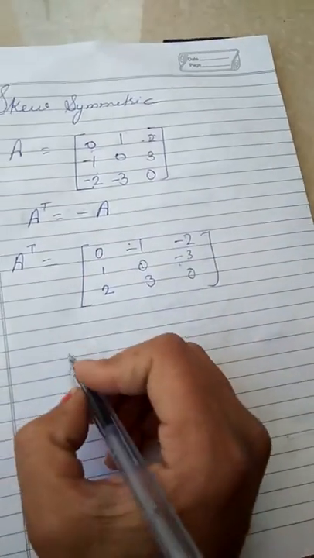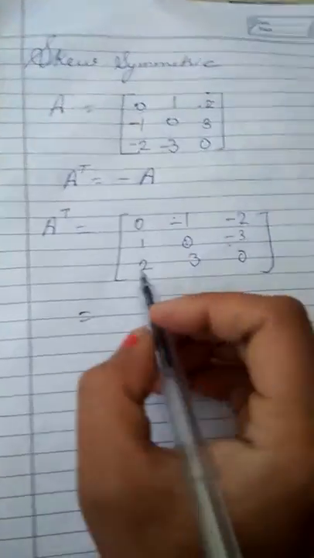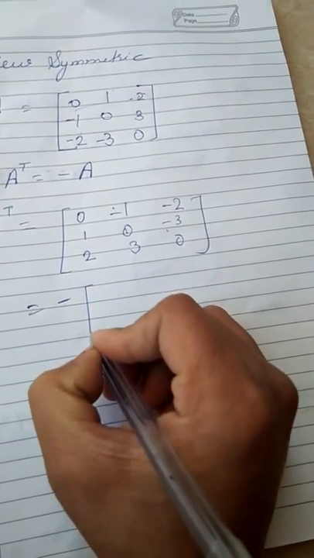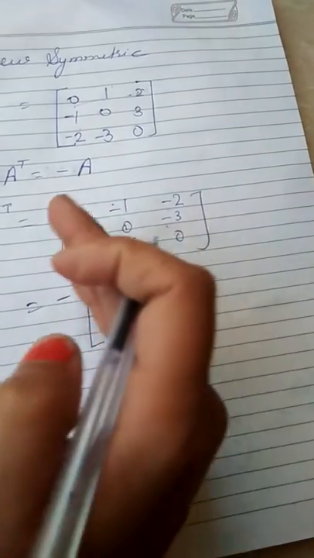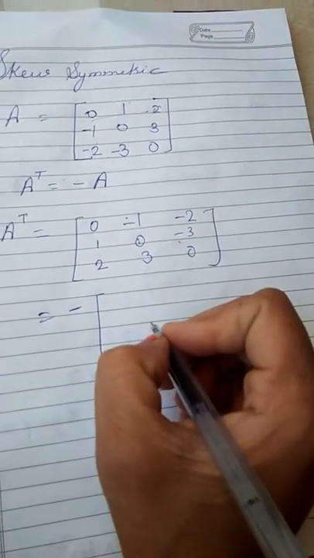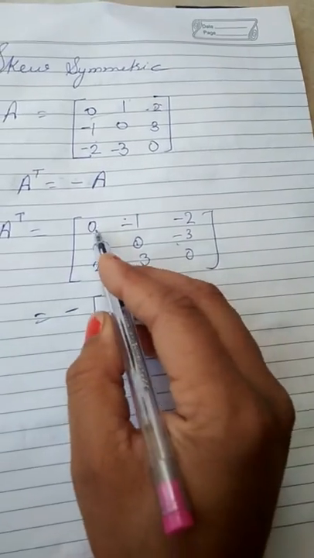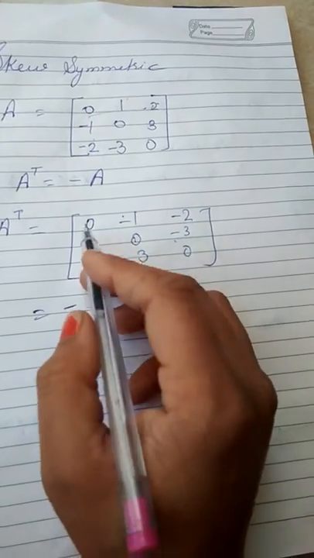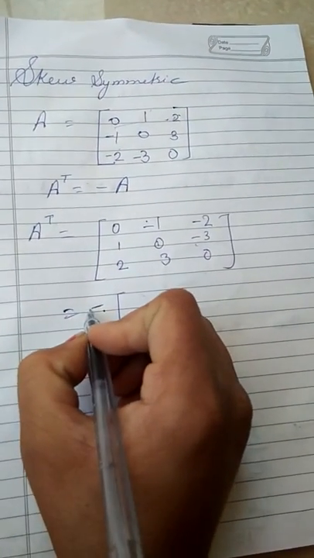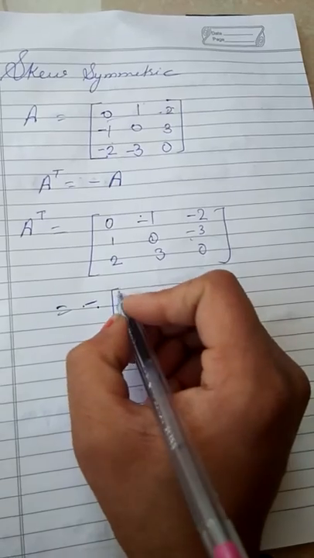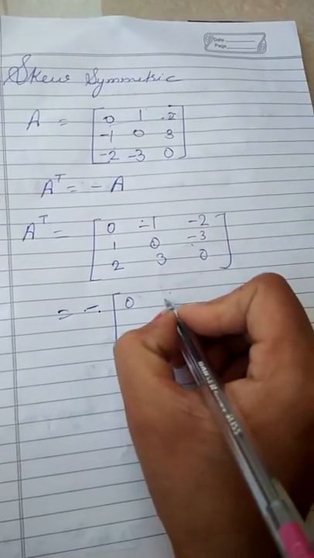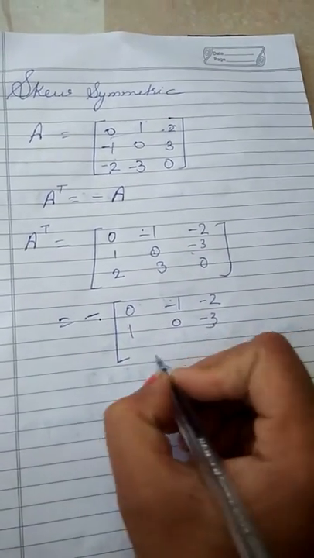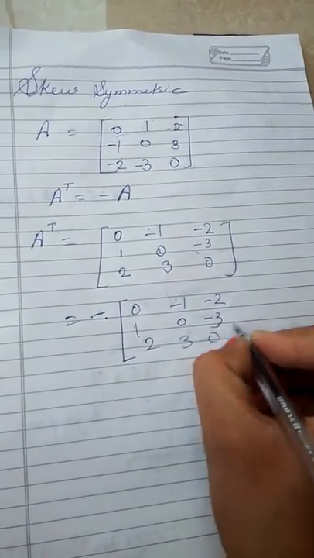So if we multiply this whole matrix by a minus sign, or if we take minus common, we have multiplied this matrix by a minus sign: 0 minus 1 minus 2, 1 0 minus 3, 2 3 0.